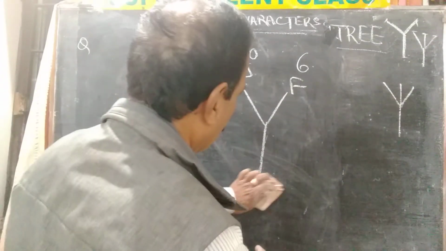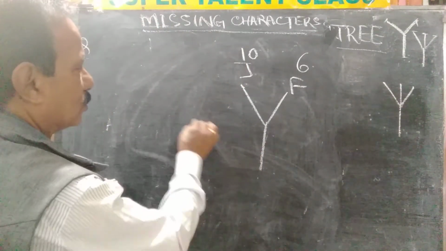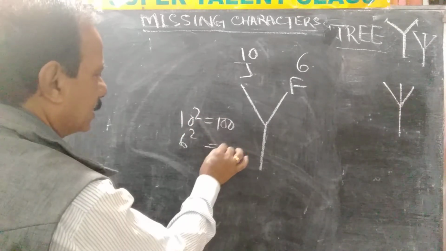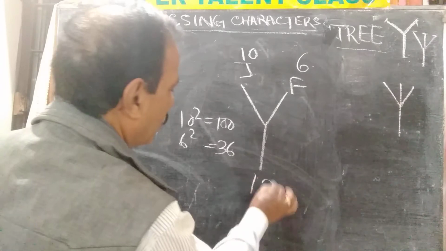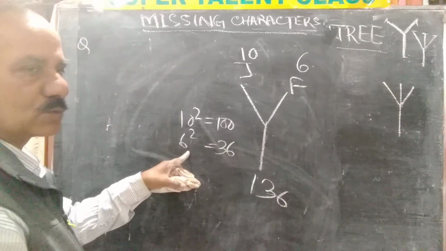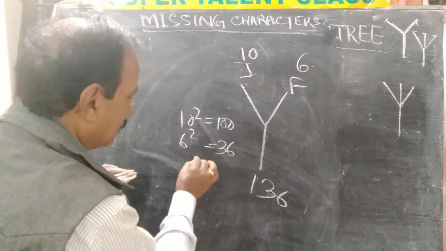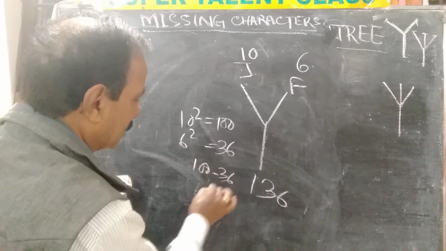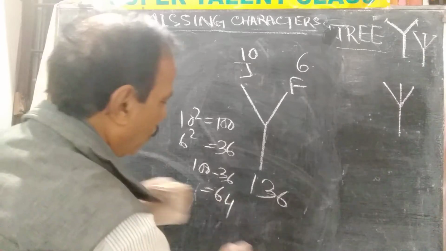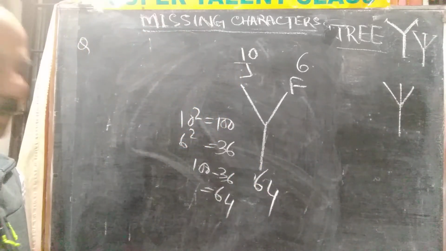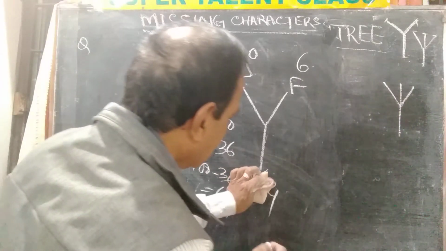Then 10 square 100, 6 square 36. J square plus F square is 136. If minus, 100 minus 36 that will be 64. देखो 64 हो गया.